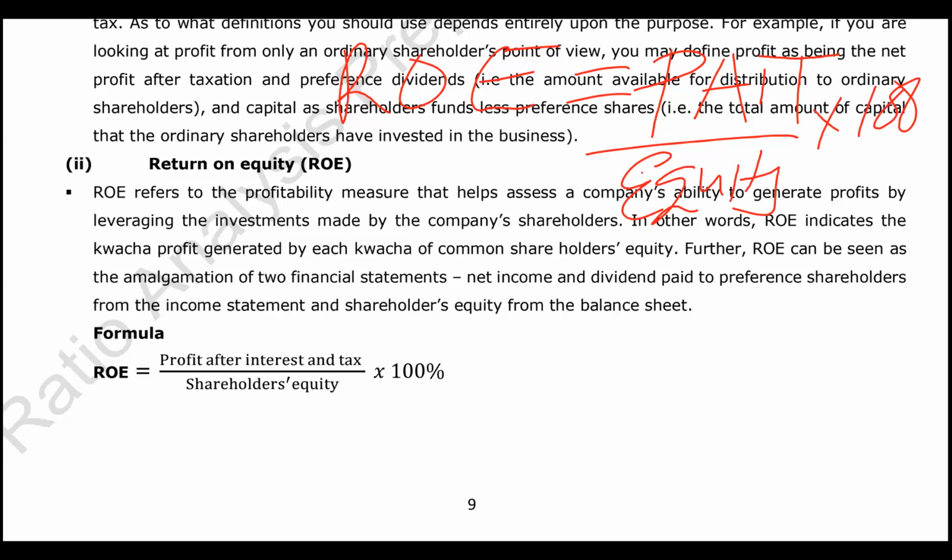So what does the return on equity help us to measure? You'll be given the statements in the question. Just check where there is profit after interest and tax, you write it here, over equity, you write times 100, that is a percentage.